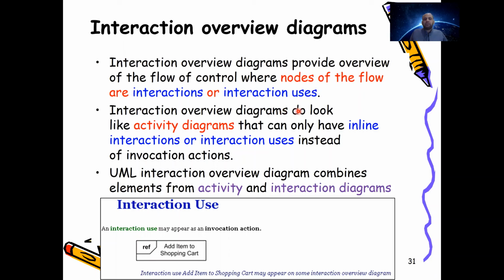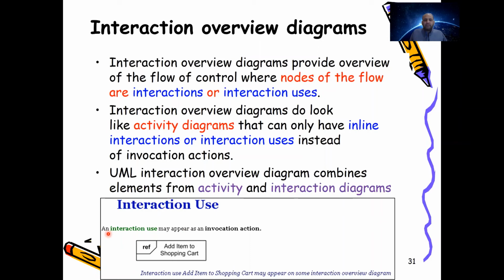Interaction overview diagrams do look like activity diagrams that can only have inline interactions and interaction uses instead of invocation actions. Generally in an activity diagram, you'll find actions which are connected together through control flows. But here, instead of actions, you'll see inline interactions and interaction uses. Thirdly, the UML interaction overview diagram combines elements from activity and interaction diagrams.